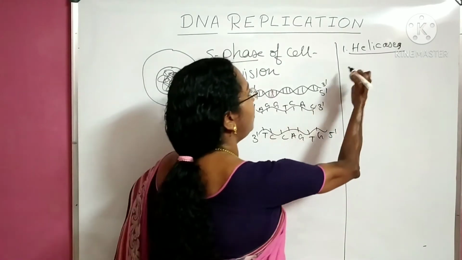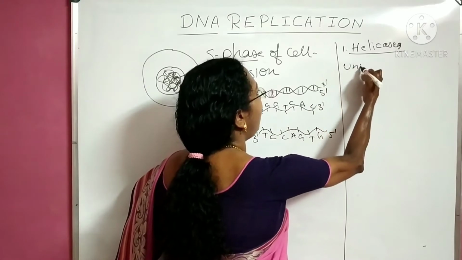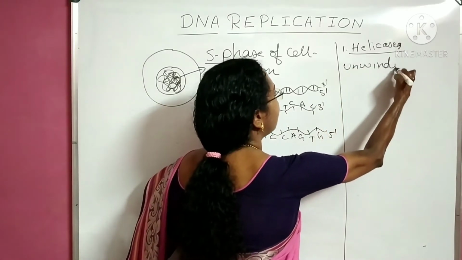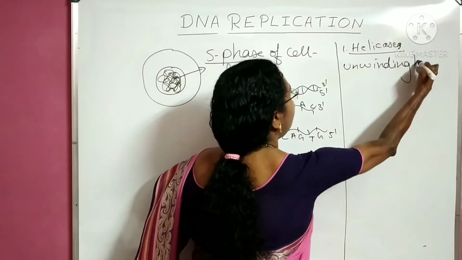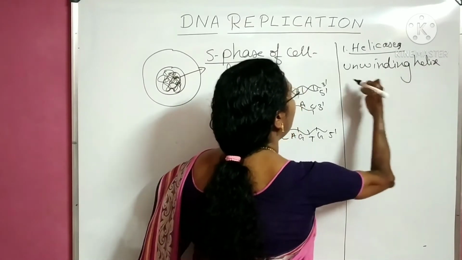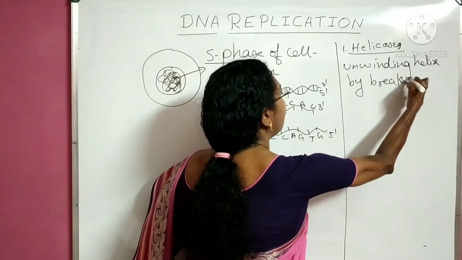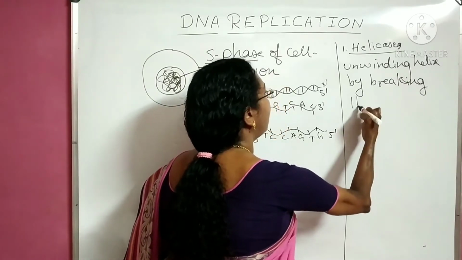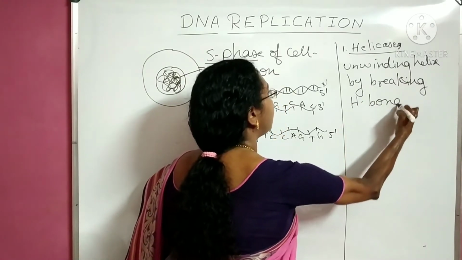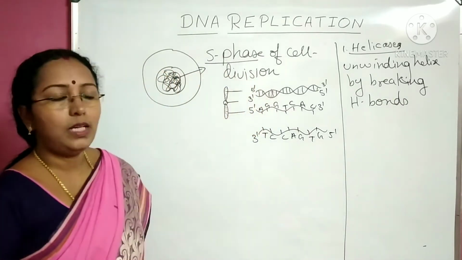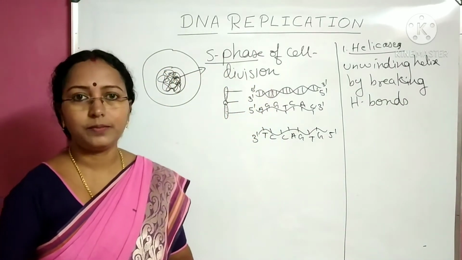So what is the role of helicases? Unwinding the helix, by breaking the hydrogen bonds. Now the two strands got separated.